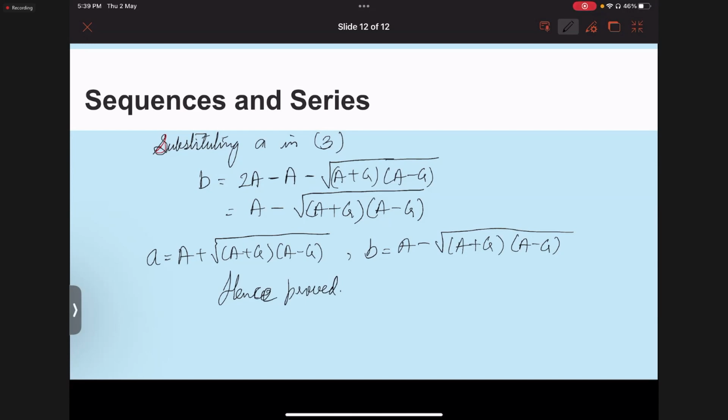So this is how you can solve. It is easy to use the relation between your arithmetic mean and geometric mean, and it is easy to find out the answer then.